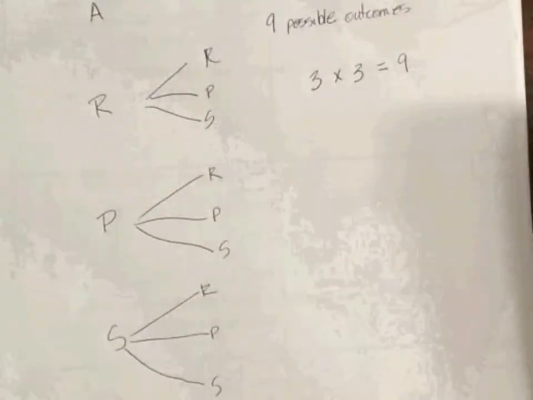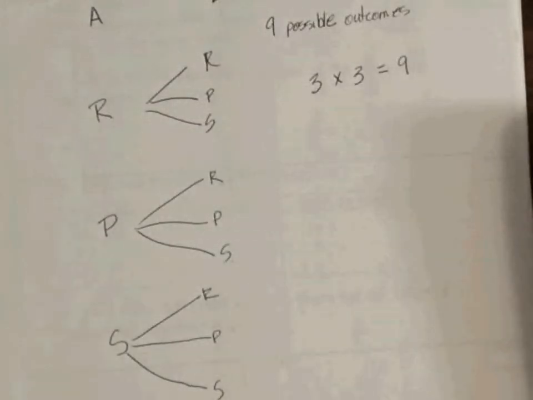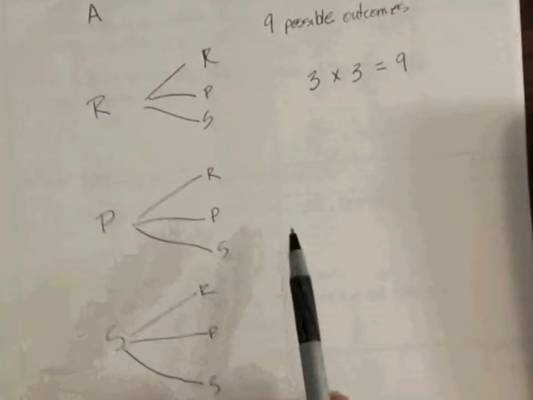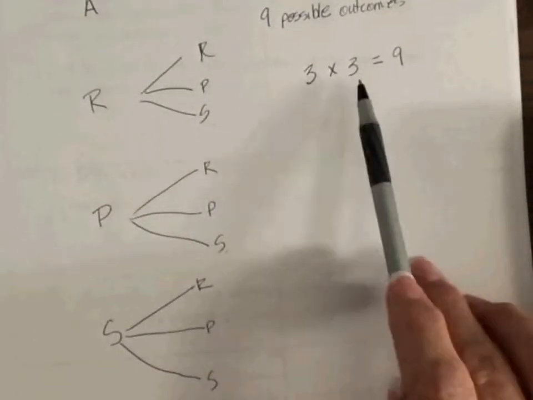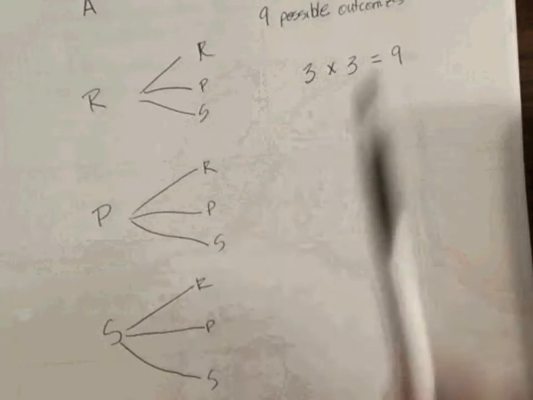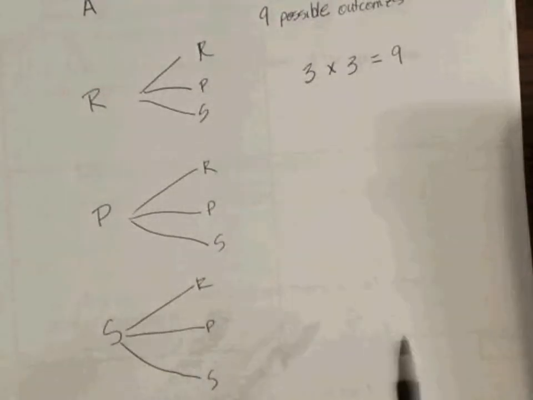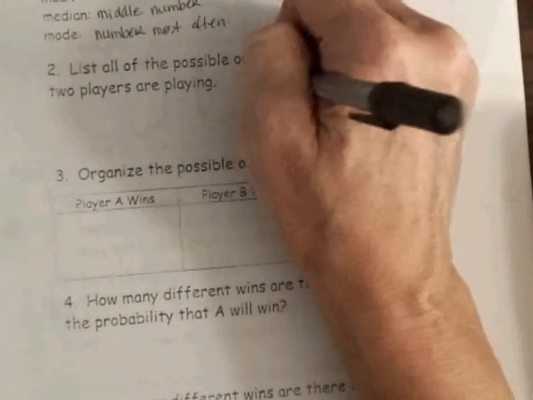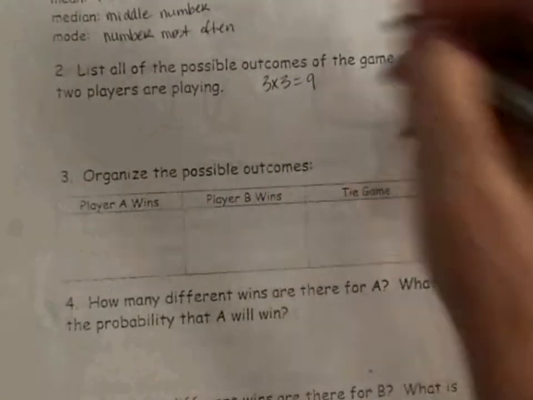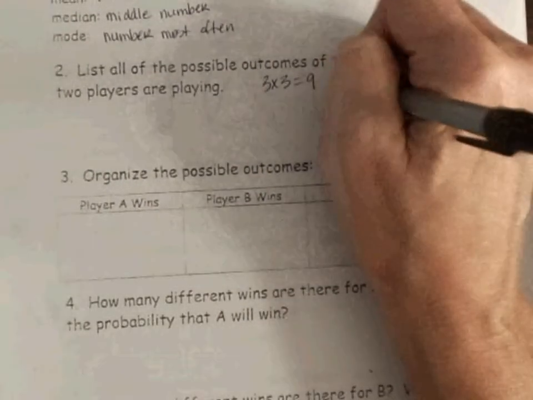You multiply them together. The total outcomes is the total possible outcomes for the first player times the total possible outcomes for the second player, and that gives you your 9 total outcomes. So back on your paper, we're going to put 3 times 3 equals 9 total outcomes.